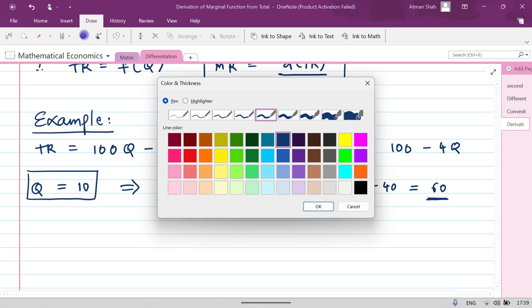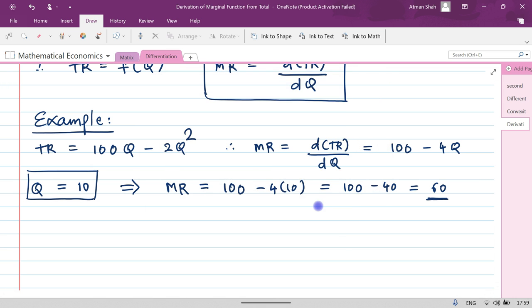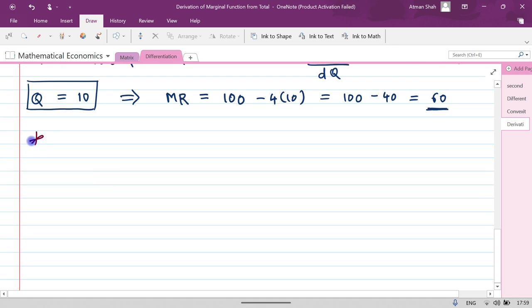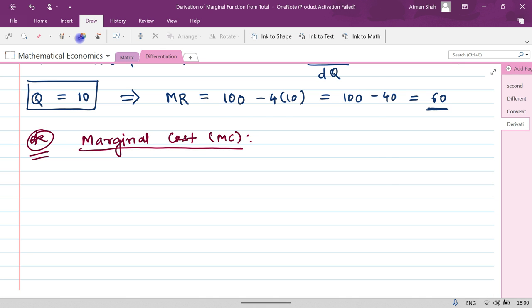And last we are going to see how to derive the marginal cost function. Marginal cost, MC. So what is the definition of marginal cost?